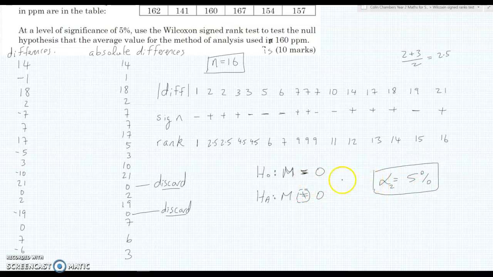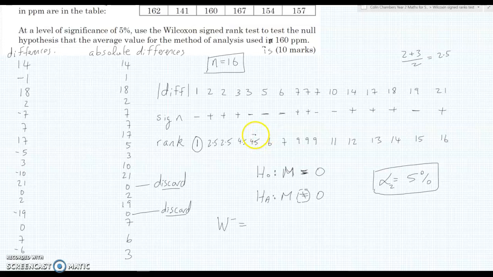Now, moving on, we're going to get our W negative. This is a stat. We're going to add up the negative ranks. So let's identify the negative ranks. You can see them there, the ranks with a negative sign. We have 1, the 3, the 5 and the 6. Well, they're not the ranks, they're the differences.